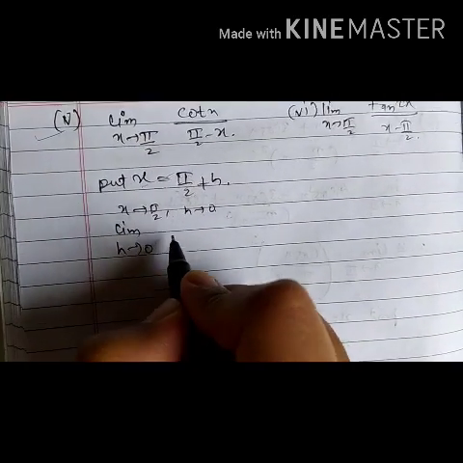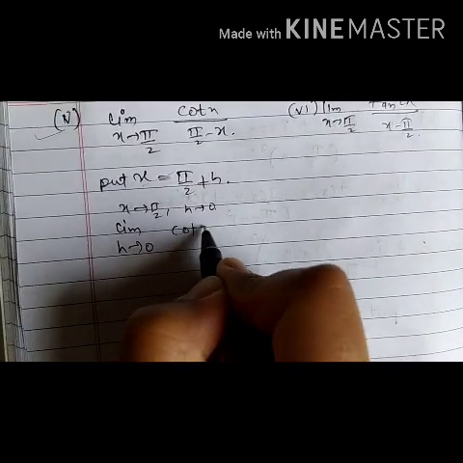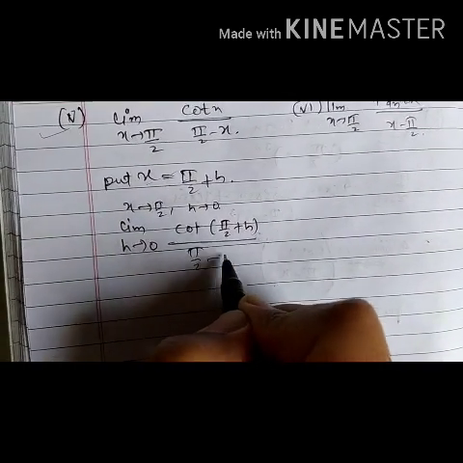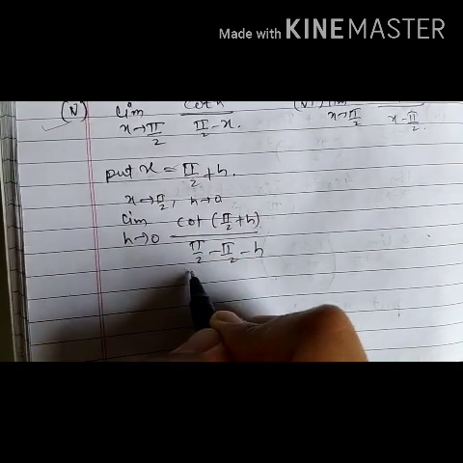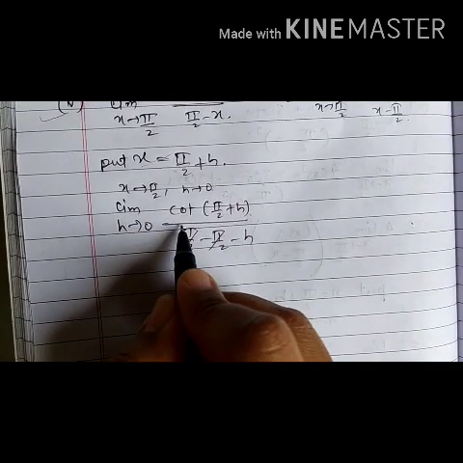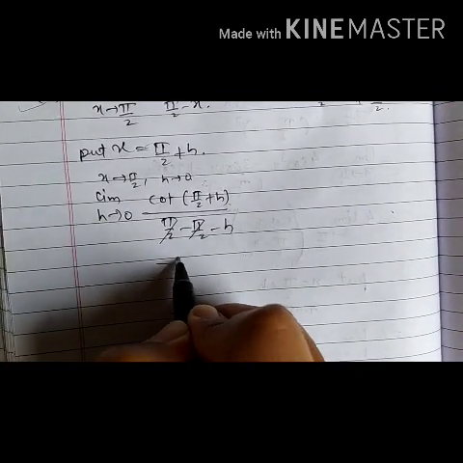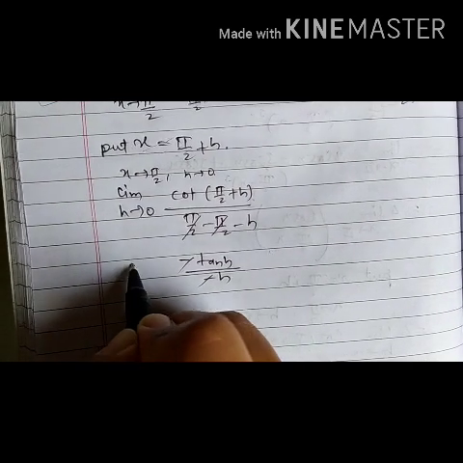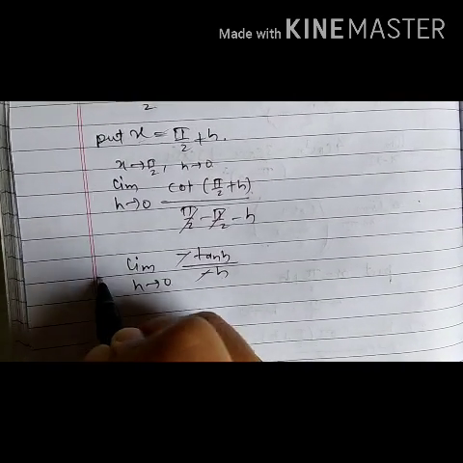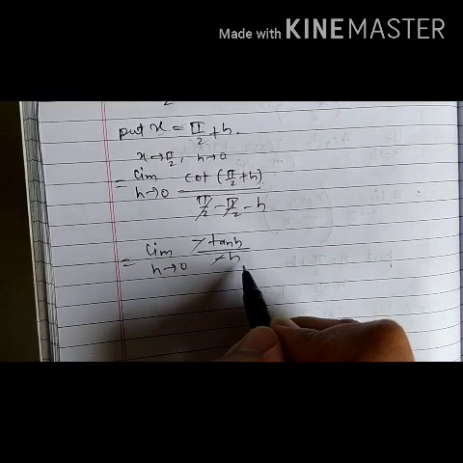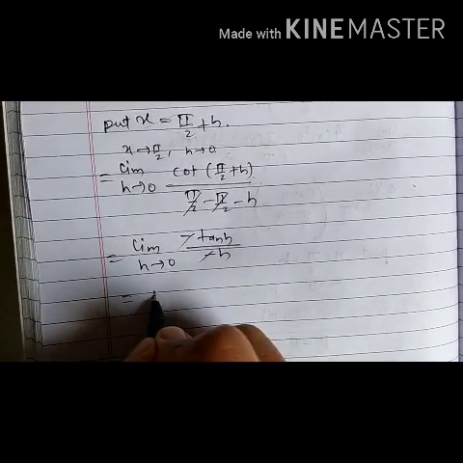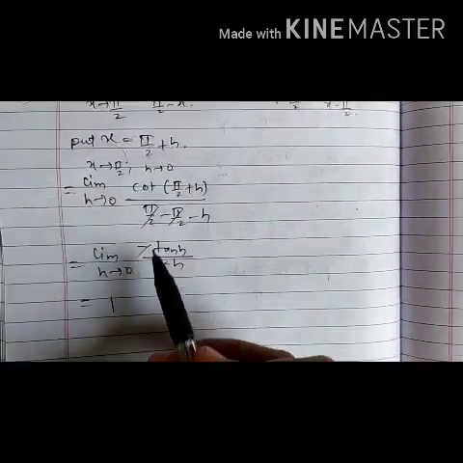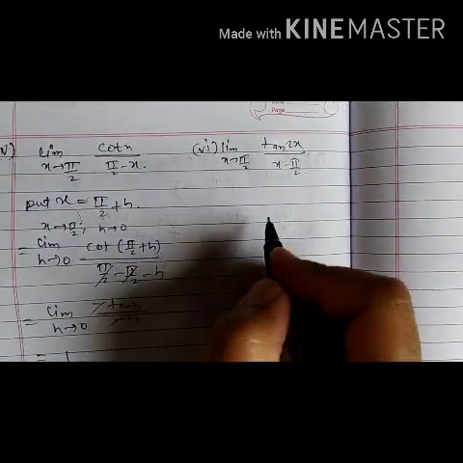So limit as h tends to 0 of cot of pi by 2 plus h upon pi by 2 minus pi by 2 minus h. Pi by 2 will get cancelled, and cot 90 plus theta is minus tan h. So minus tan h upon minus h, again the minus sign will get cancelled. So we have limit as h tends to 0 of tan h upon h, it is a standard limit, so it is equal to 1. Understood? So limit as x tends to pi by 2 of cot x upon pi by 2 minus x is equal to 1. Now we'll solve the sixth example.